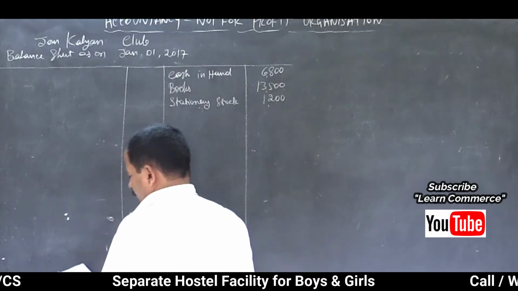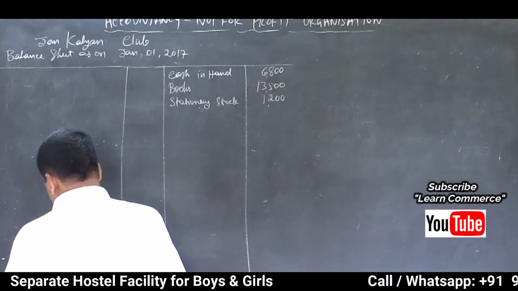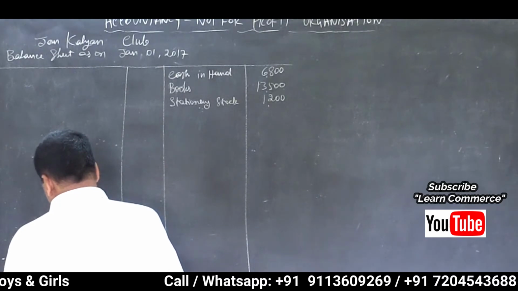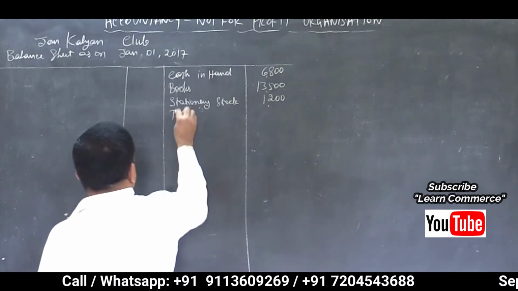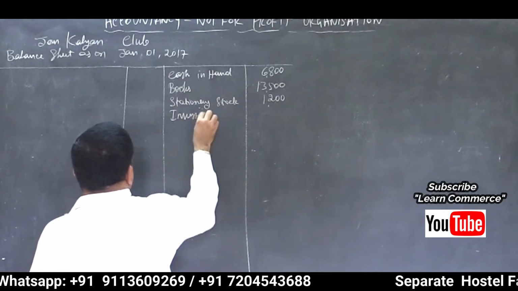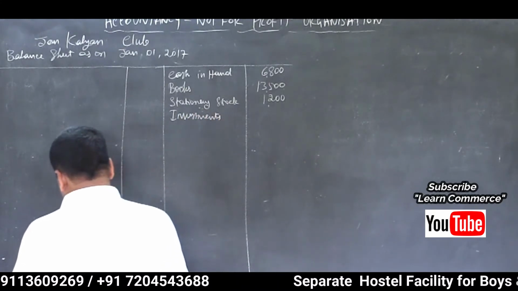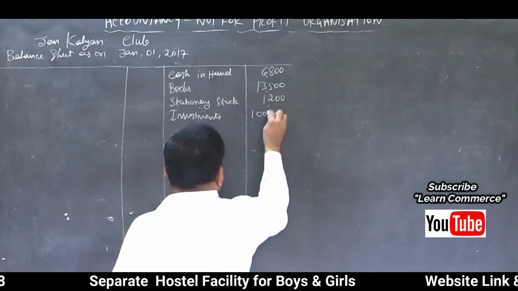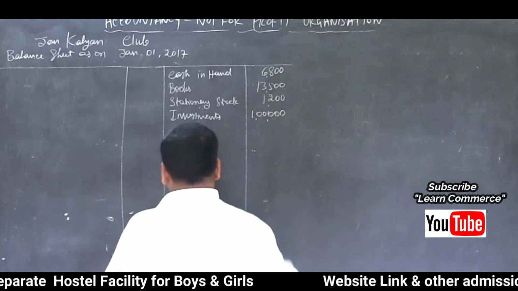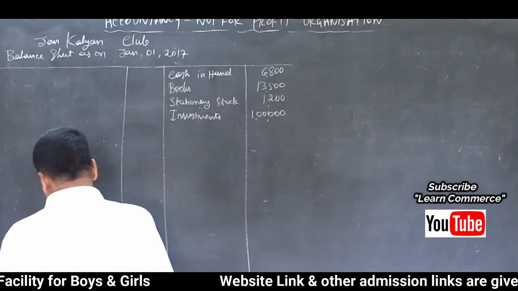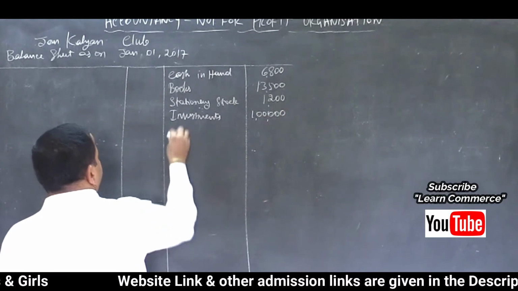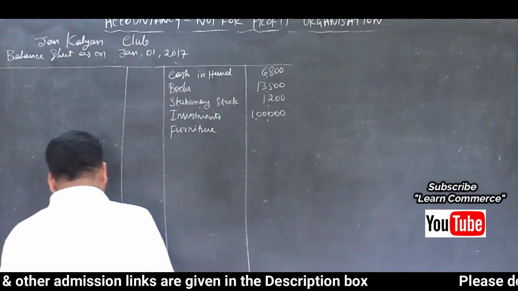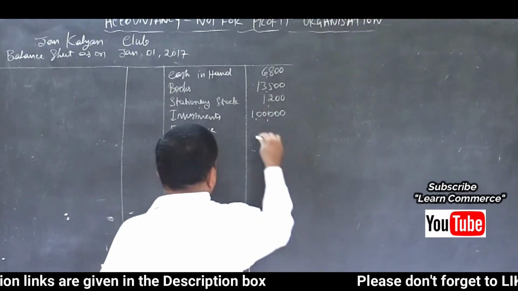Then investments. Investments how much? 1 lakh. Then furniture, 16,000.